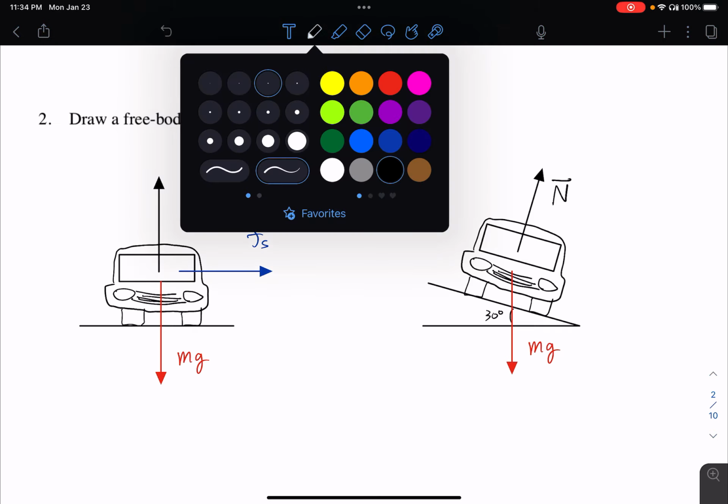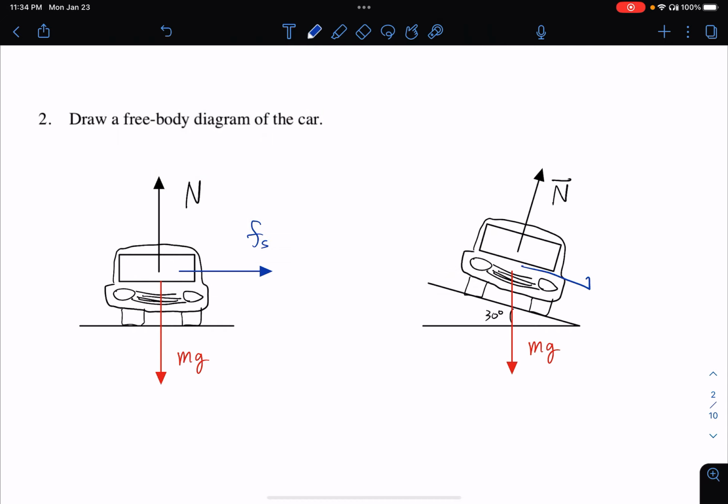And the static friction is going to point slightly downward because it should be parallel to the surface that the tire touches on the road. So in this case, the friction force is going to point toward this direction.